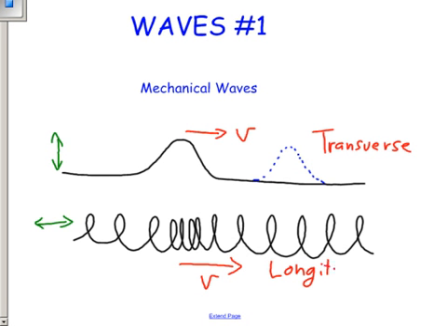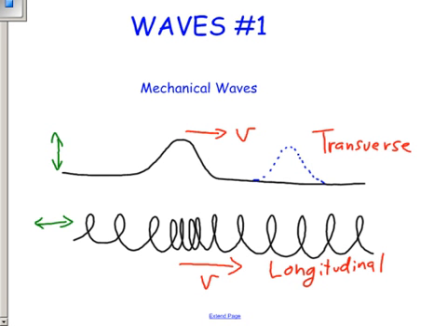Longitudinal. All right. So longitudinal wave, turns out that the medium moves in the same direction as the wave, in this case left to right for both of them. Back up to the transverse wave, the medium moves perpendicular to the direction of the wave.